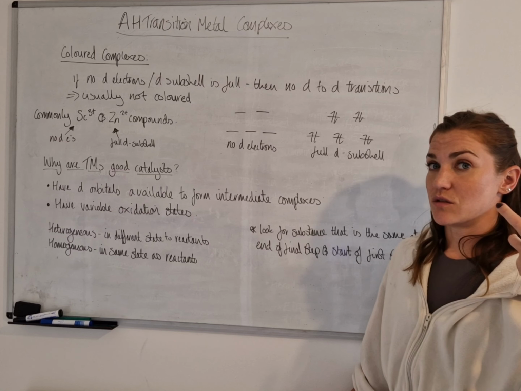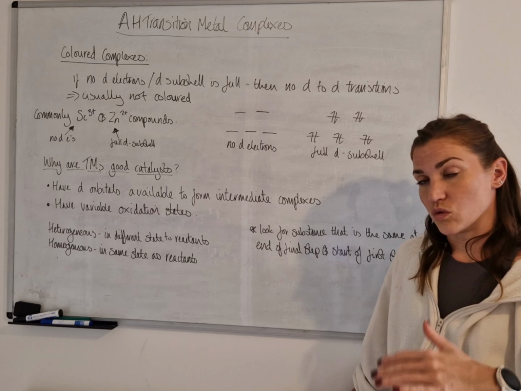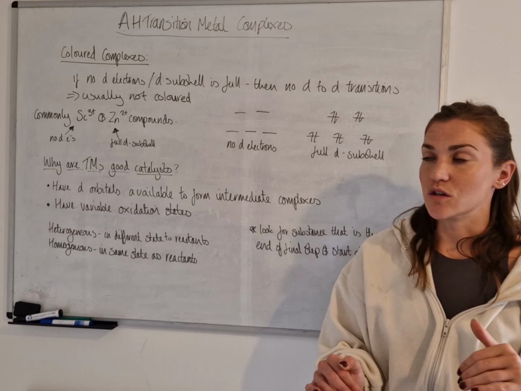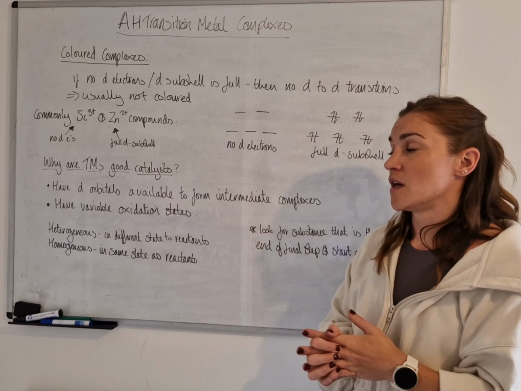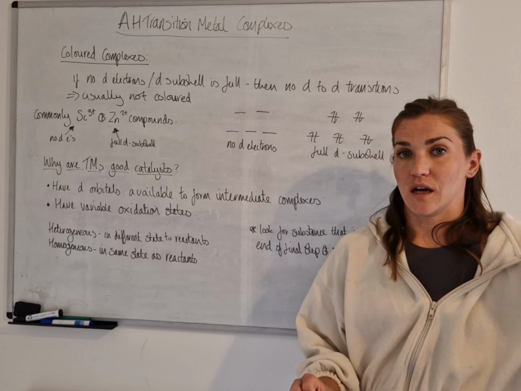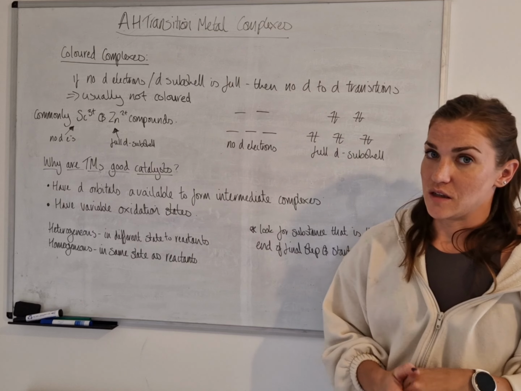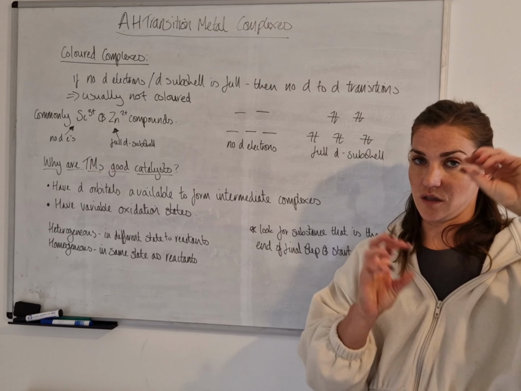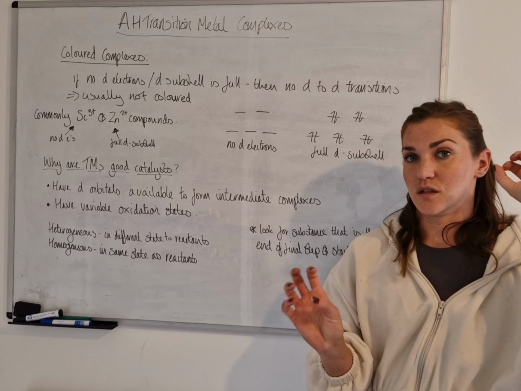So it's a reactant that remains unchanged at the start and the finish of the reaction. It will have changed in the middle, because that's what they do, they form intermediates, but by the end of the reaction you should have the exact same thing that you had at the start, and that's a sign that something is acting as a catalyst.